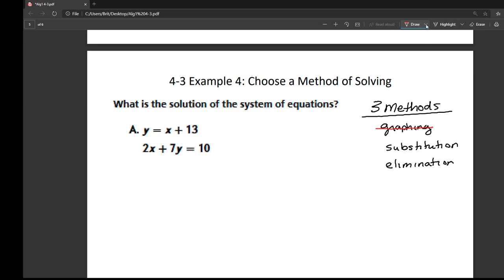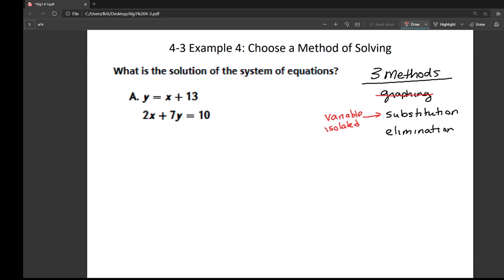So if I'm trying to choose substitution, what I'm looking for is a variable is already by itself, or a variable is already isolated. So for example, on A here, you could see that the y is already by itself.